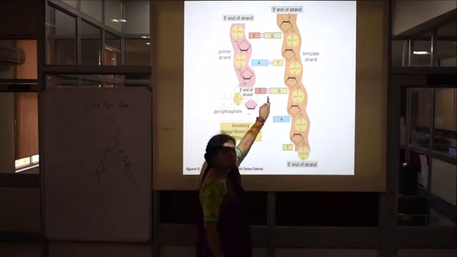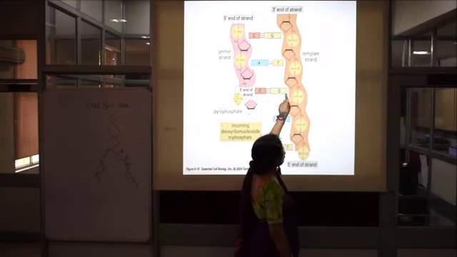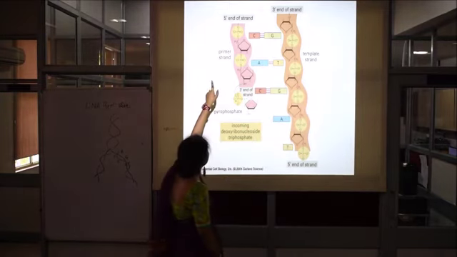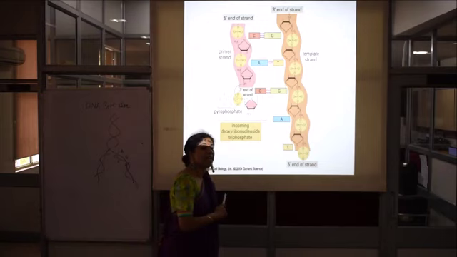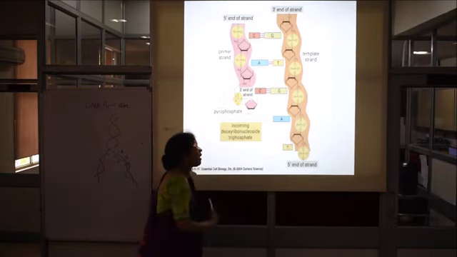This cytosine forms 3 hydrogen bonds with the guanine, a base of the nucleotide of the parent strand. You can easily see that the newly synthesized daughter strand is also anti-parallel. It is 3' and it is 5'.